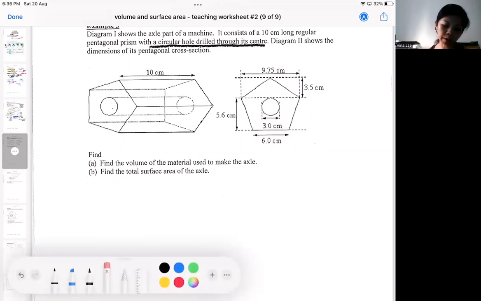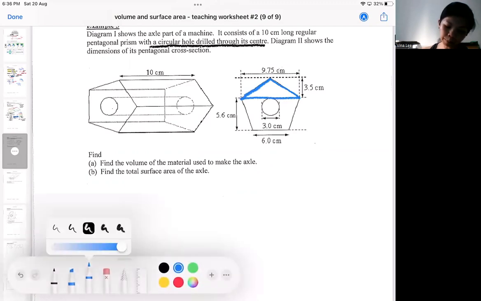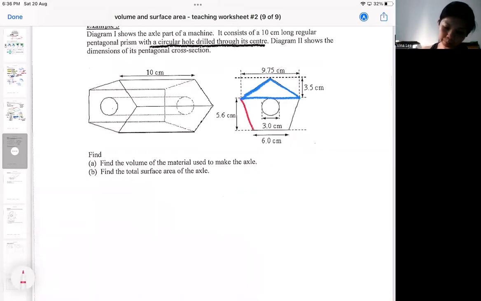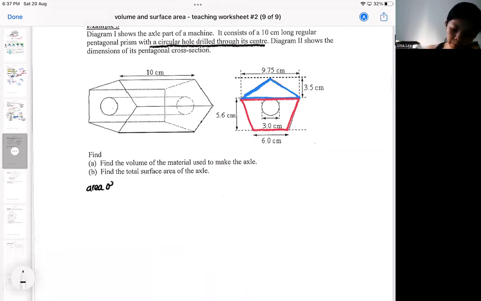In this situation, my pentagon is made up of a triangle and a trapezium. You got to be very clear what you're doing. So please write it down.